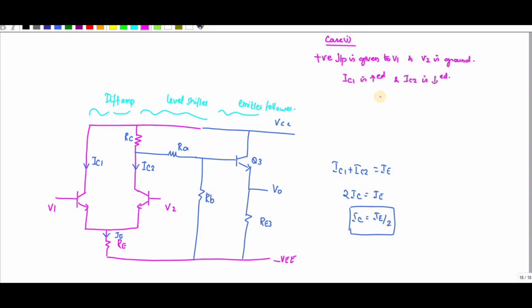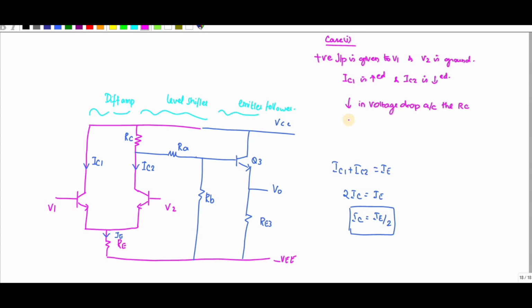This means there is a decrease in the voltage drop across the resistor RC.